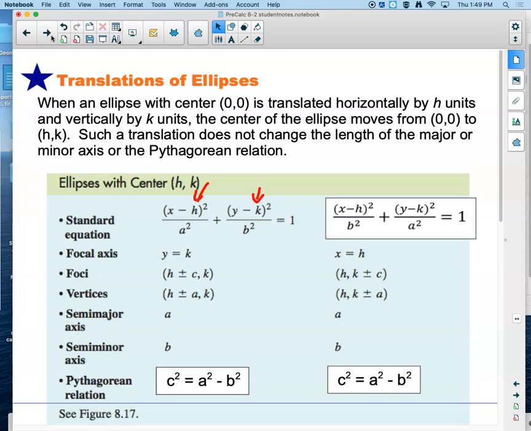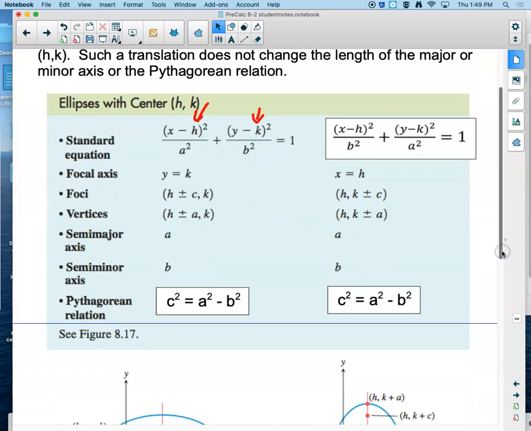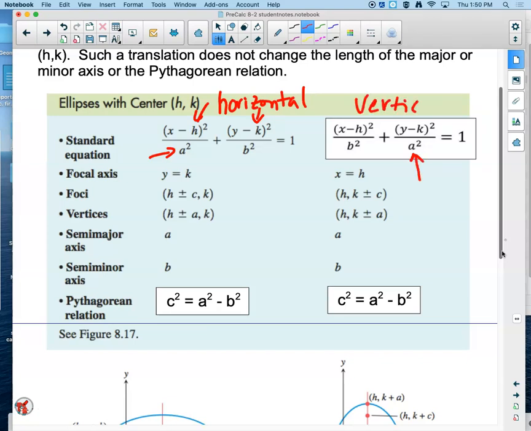Such a translation does not change the length of the major or minor axis or the Pythagorean relationship. So as we look at this new chart, again, this is something that's very, very visual. We notice that we're still seeing the larger of the two numbers is a, and if that's under the x minus h squared, you have a horizontal ellipse. And if it's under the y squared, you have a vertical ellipse. So that has not changed.